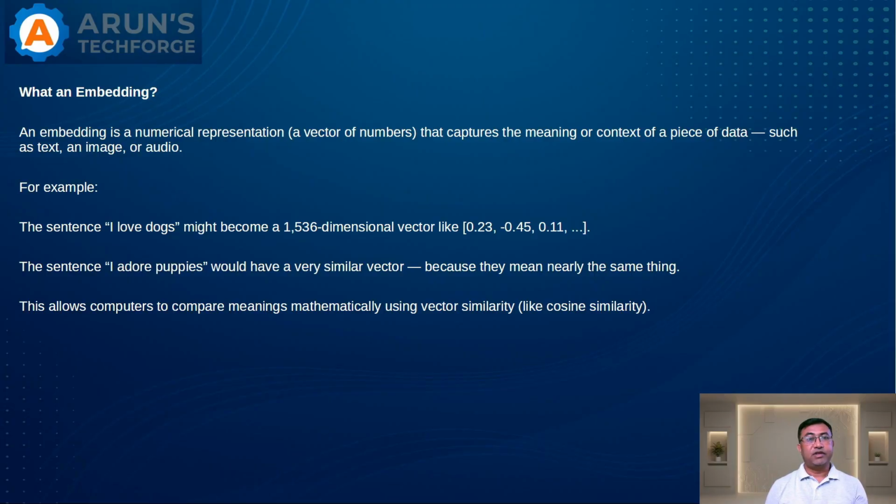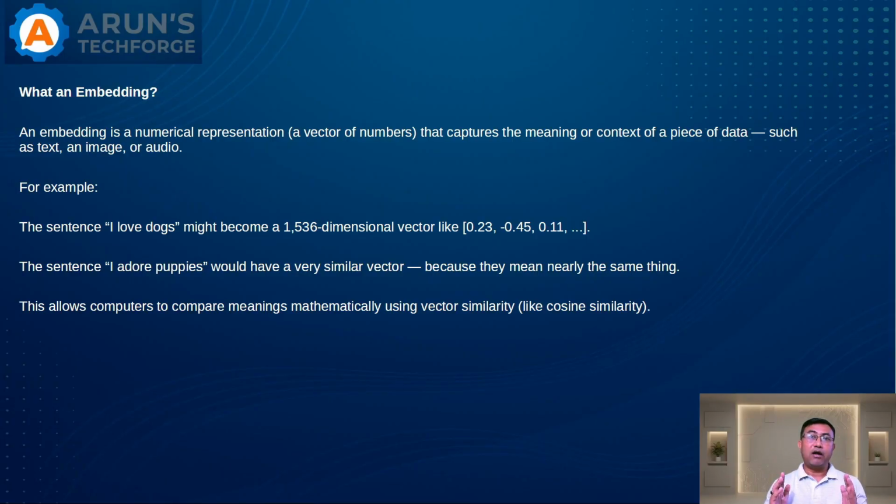For example, the sentence "I love dogs" might become, say, a 1536-dimensional vector, a big chunk of numbers like 0.23, and it goes on and on. The sentence "I adore puppies" would have a similar vector because they mean nearly the same thing.